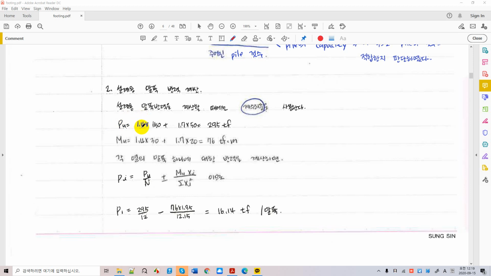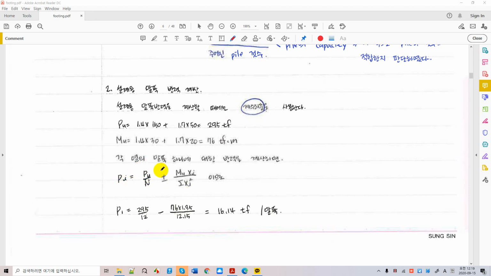So we need a load factor here, right? And we need the load factors for all that. Now we have this new load factor, the factored force and factored moment, right? And we're going to calculate a combined force provided by one pile.